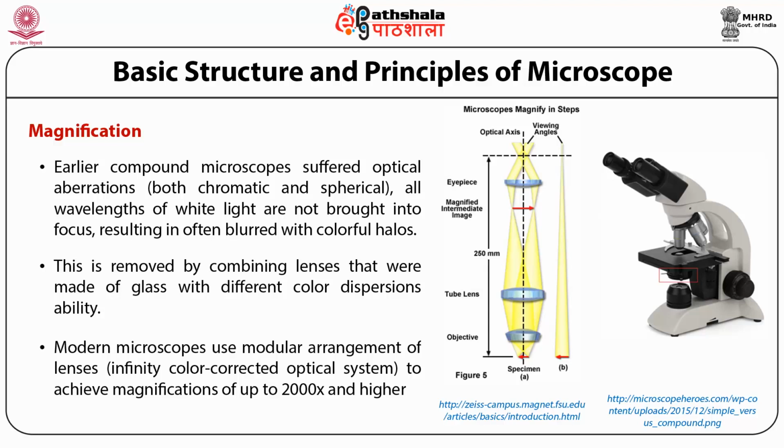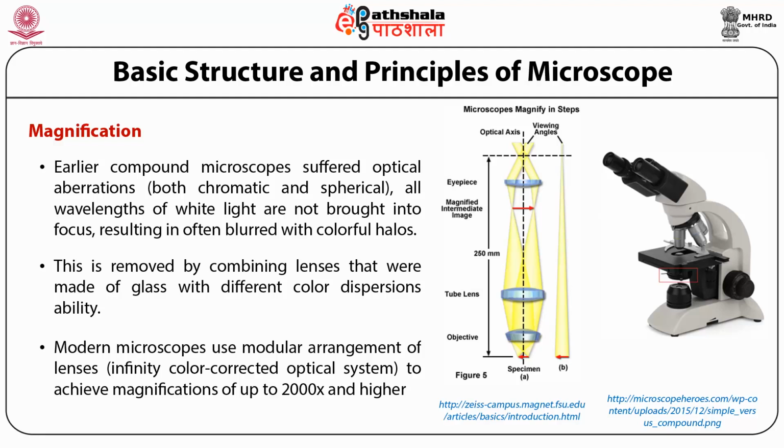As you can see in this picture, the specimen is kept at the very bottom, and instead of looking like a small object, as shown in picture B, by putting the convex lens in between, we can amplify it and make it bigger in size.